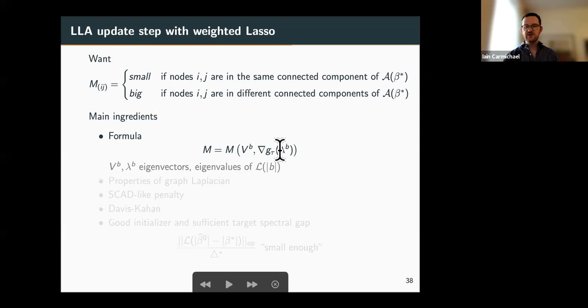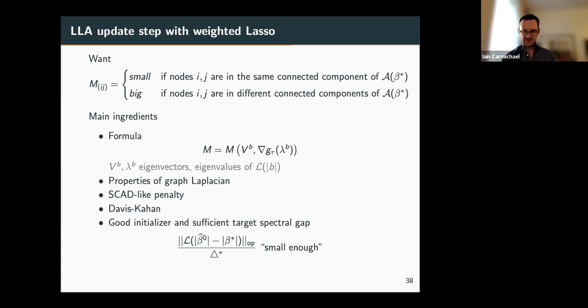So if we have large eigenvalues here, this gradient might be equal to 0. So that plays a central role in the theory. We'll also need standard properties of the graph Laplacian and SCAD-like penalties. And we're going to use Davis-Kahan to talk about eigenvectors being close together. And the main quantity that we're going to need is a good initializer.